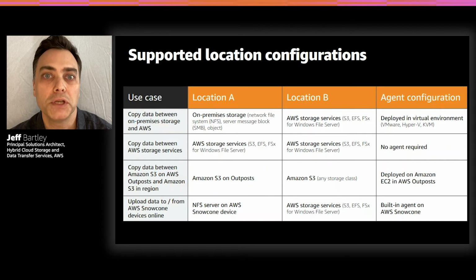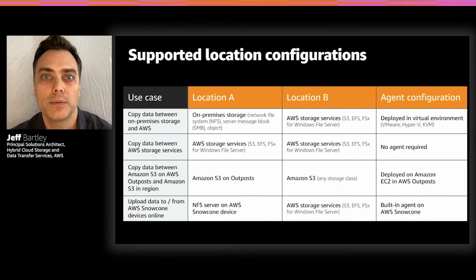If you're copying between AWS managed storage services, so like EFS to EFS, or maybe S3 to FSx for Windows File Server, any combination of those, no agent is required. You can just simply go into the console or use the API or CLI, create a task, specify your locations, and off you go.